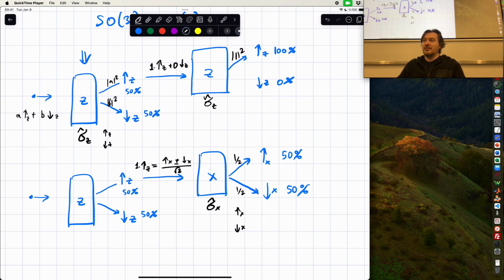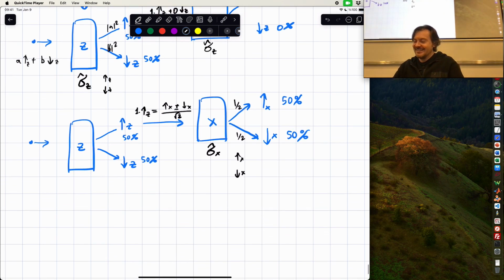So again, if we measure this sigma z again after the sigma x measurement, from both of them, you get 100% again? No. You get 50-50 again.